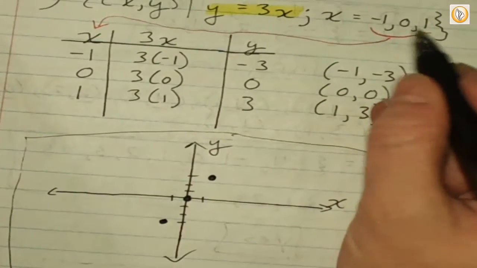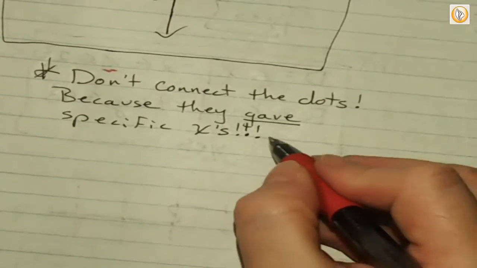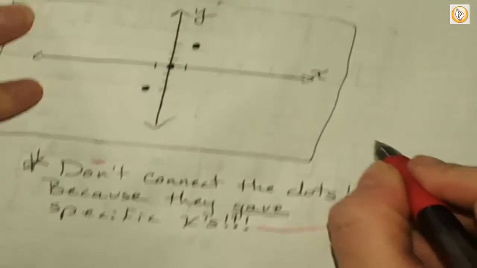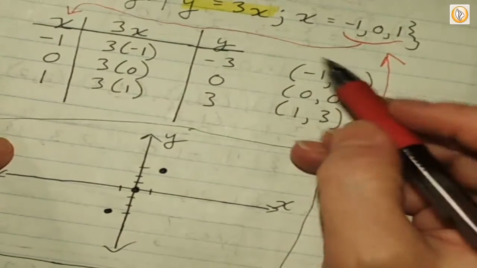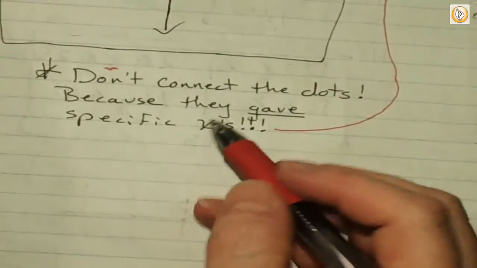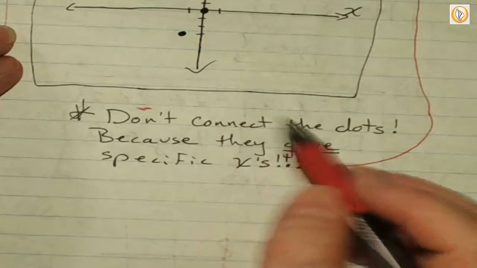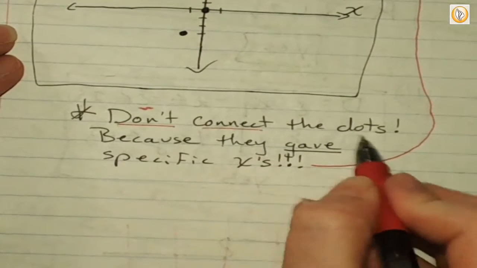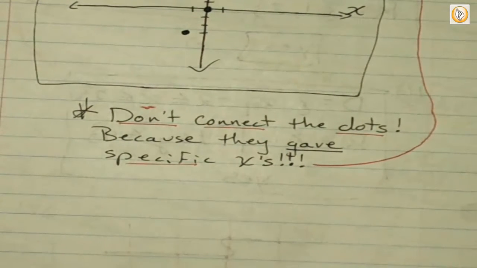They gave you these. They gave you those. They told you, use these x's here. Use this domain. Therefore, they were very specific what they wanted you to do. So you do not connect the dots because they gave you specific x's.